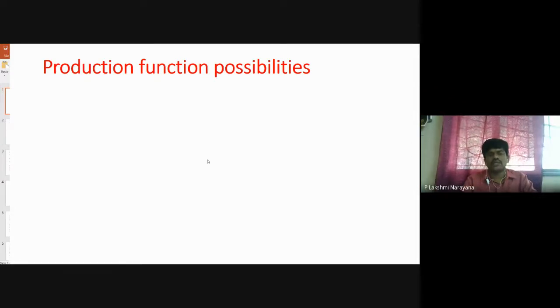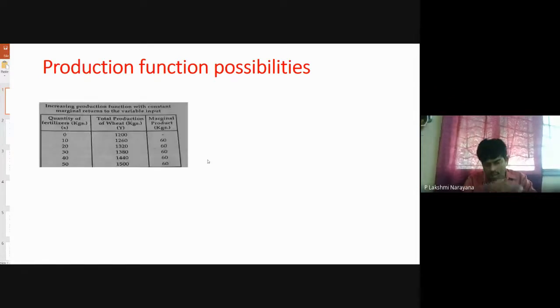So what are the production function possibilities? If you see this table regarding production function possibilities, the first possibility is increasing production function with constant marginal returns to the variable input. What is the variable input? Here we are taking the quantity of fertilizer in kgs, shown as x.